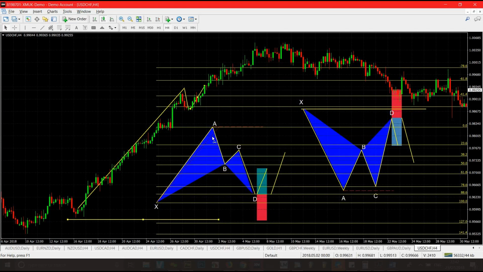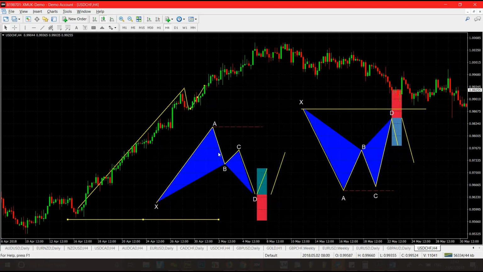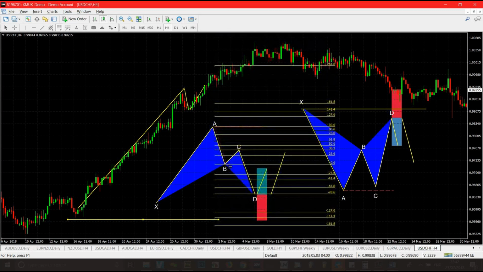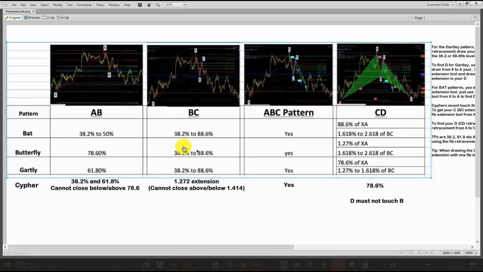The next one now is to find your C, which is the pullback of that AB impulse leg that you just found. How do we find that? Same principle. Draw your Fibonacci from A to B, and the rule says it must be at least 38 or go as high as 88.6, which is this one.